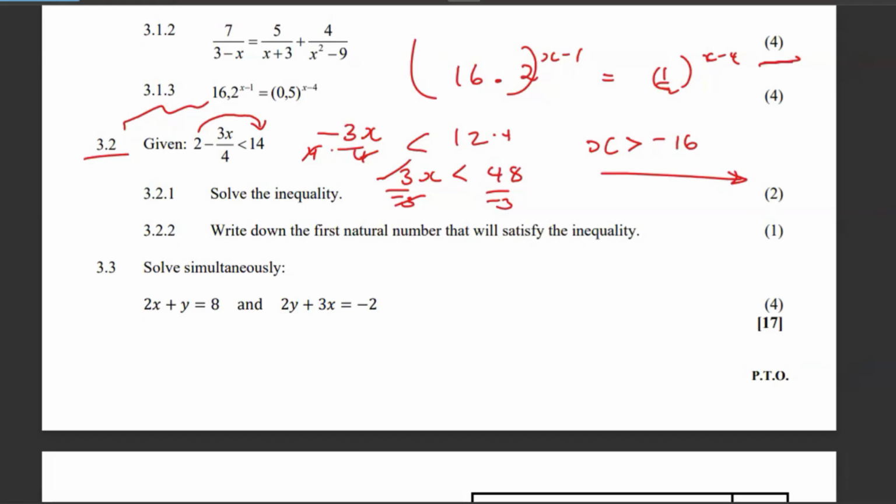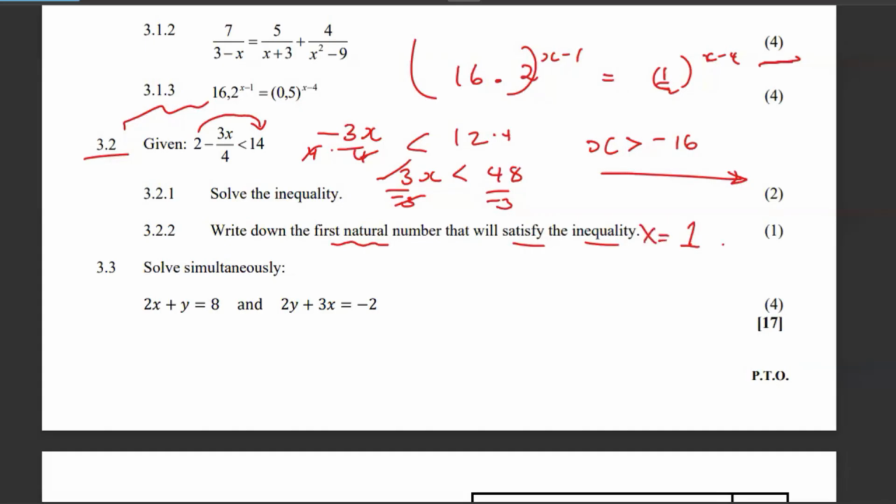Then, if that is our solution, the question is, what is the first natural number that will satisfy the inequality? Remember, natural numbers are basically counting numbers from 1. So the first natural number that will satisfy, remember, x must be greater than negative 16, meaning that the first natural number has to be just 1. Okay, so you can say x is 1 or just 1.